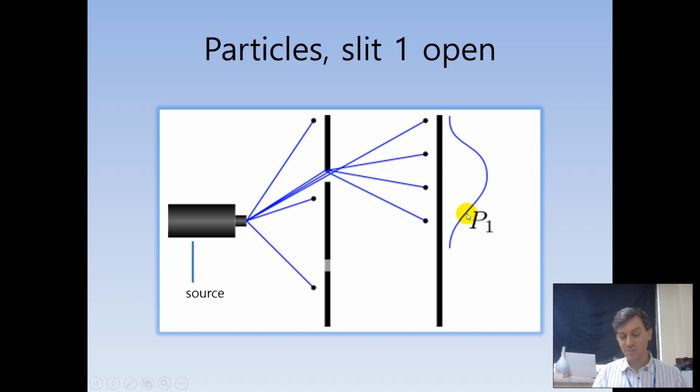Okay, so here P1, this is showing you the probability distribution for particles going through slit 1.